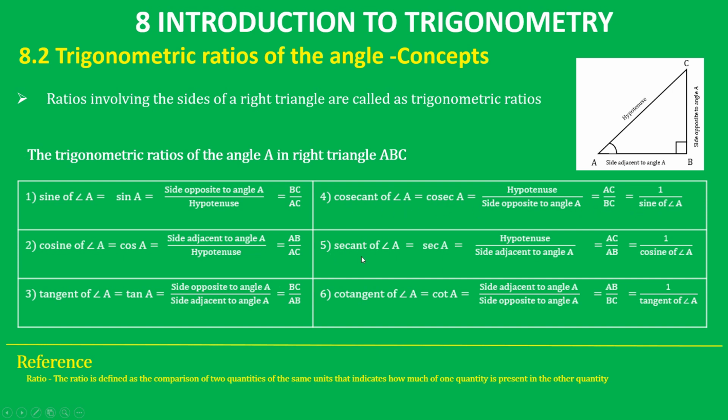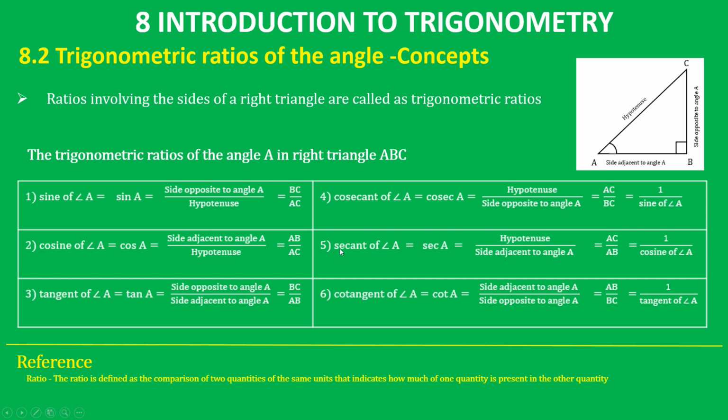Right. What is the next trigonometric ratio? They defined a ratio: hypotenuse, that is AC, divided by the side adjacent to angle A, AC by AB.